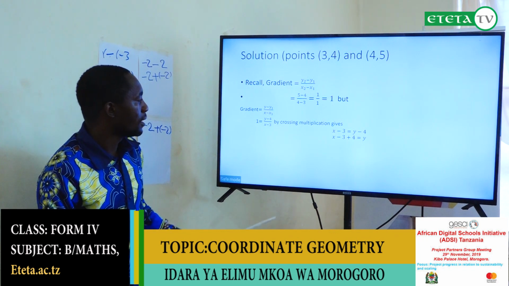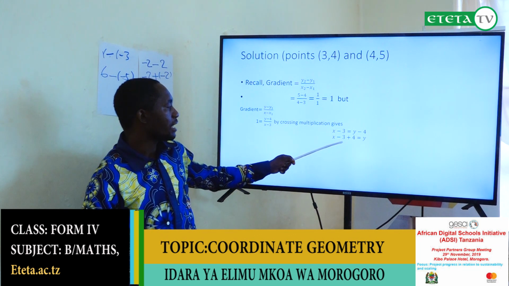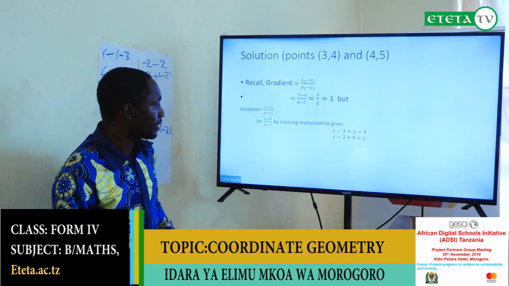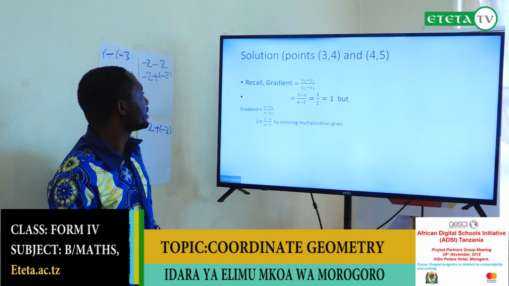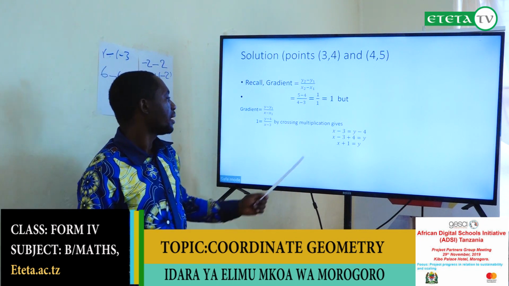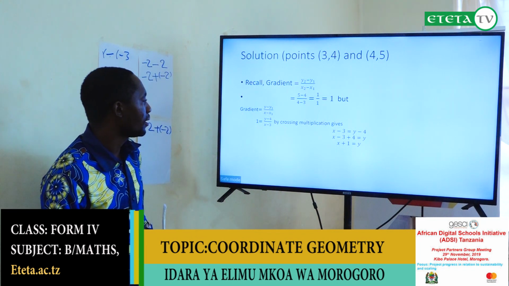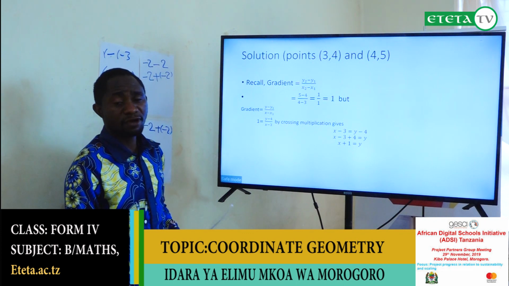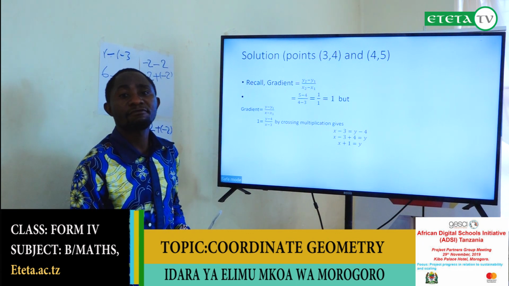Now, the resulting expression will be x plus 1, because if you resolve negative 3 plus 4, you get positive 1. Now you get x plus 1 equals y. But the equation in the form y equals mx plus c is written by starting with the value of y.